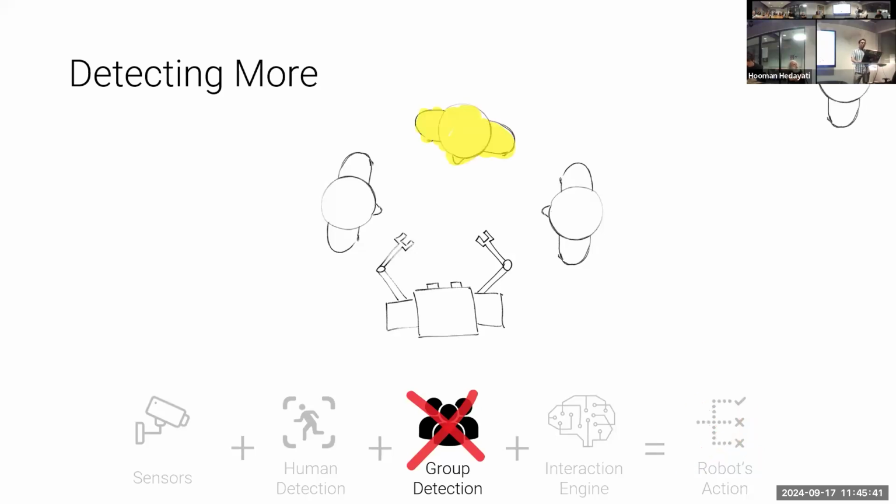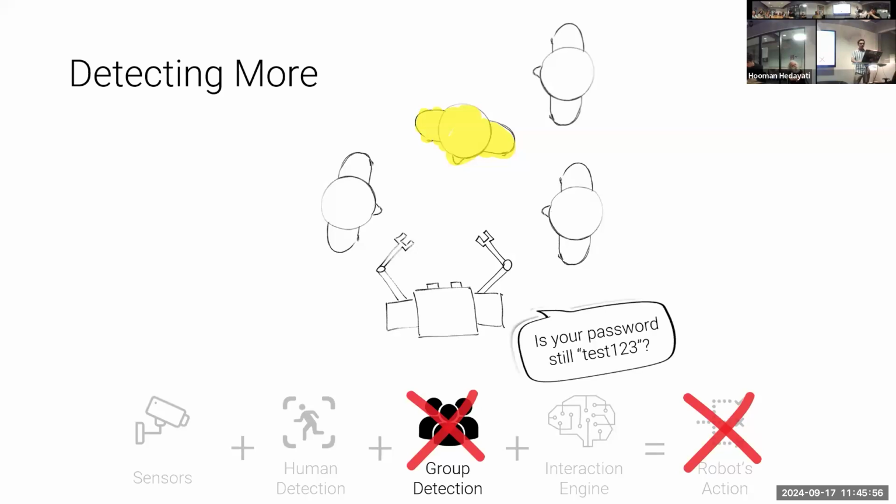The other problem is detecting more people. For example, a person is just passing by, and the robot thinks that they are part of the conversation. And then we again have a wrong set of interactions, so it might end up revealing sensitive information.